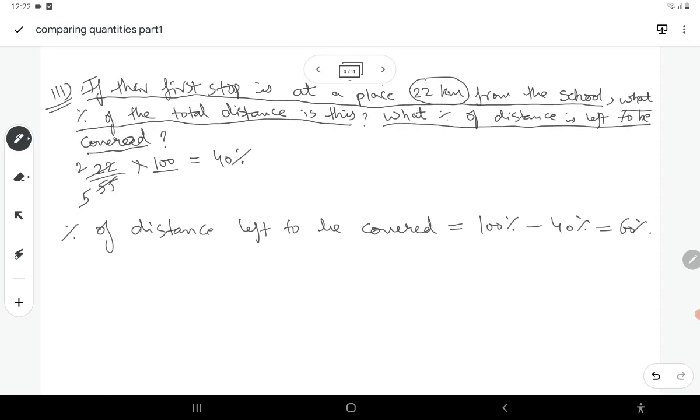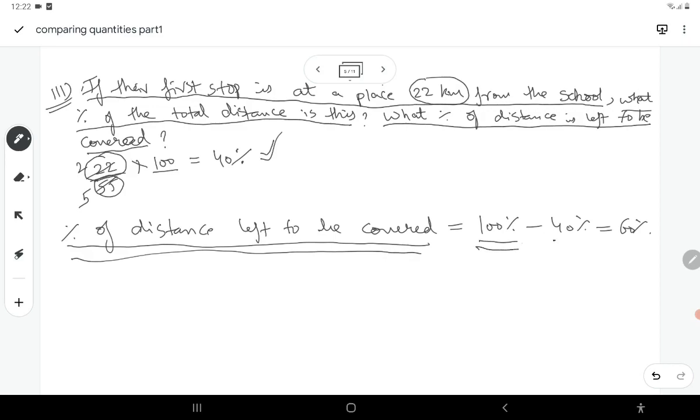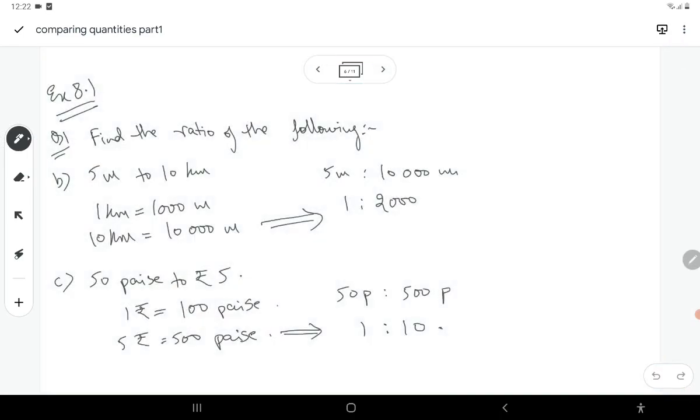So what we do is 22 km divided by the total distance, which is 55 km, into 100, which gives the percentage of the total distance, and the value is 40%. And the percentage of distance left to be covered is found by subtracting it from 100%. So 100% minus 40% gives the value 60%.